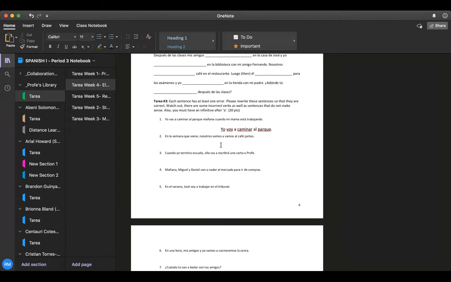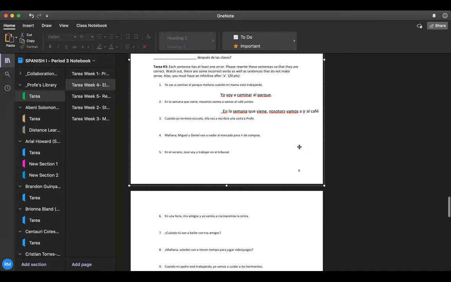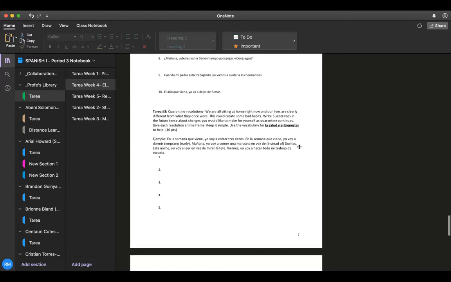And we need to say, in black writing, en la semana que viene, nosotros vamos a ir al café. And the reason I know this is because the verb ir is conjugated with the word vamos up here. Vamos a ir means we are going to go. We are going to go. Okay? If you're having more trouble with this, let me know and we can talk about it in person. I don't want my video to go on forever.